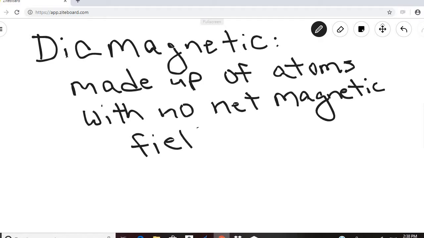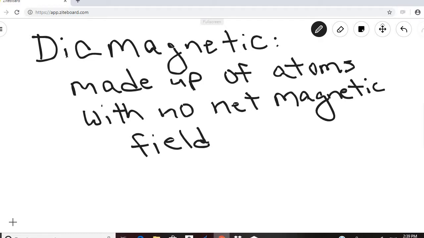So this would be a situation that I mentioned previously where the electrons are configured in such a way that the magnetic fields created by individual electrons cancel each other out.